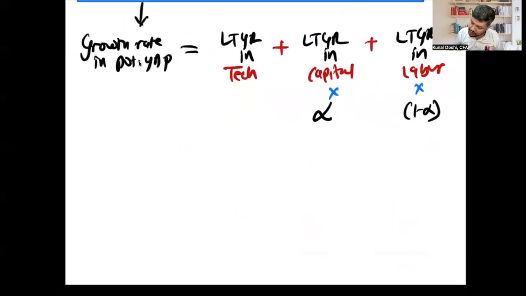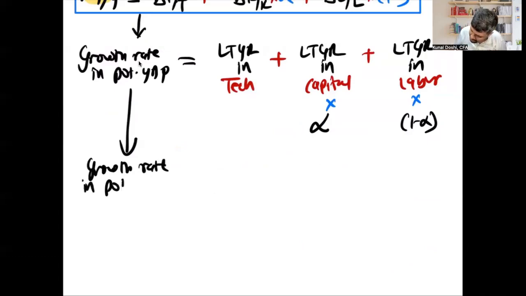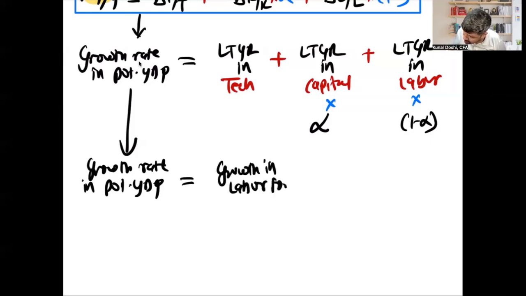See here, another way to get the same formula. We are trying to understand the growth rate in potential GDP, same thing. But now it will come from the growth in labor force. So I will write the growth in labor force. Labor force, what is labor force?